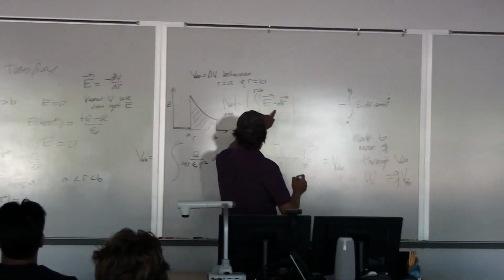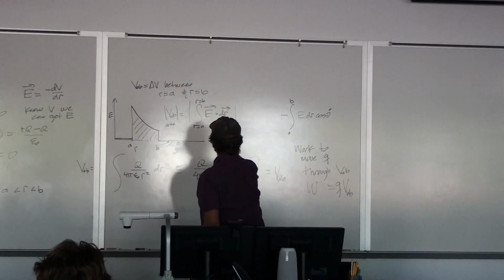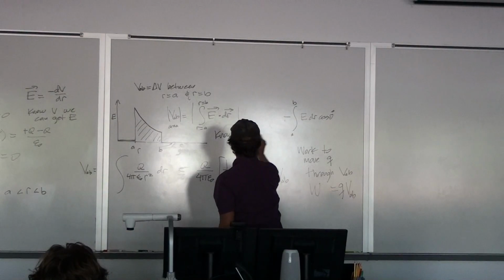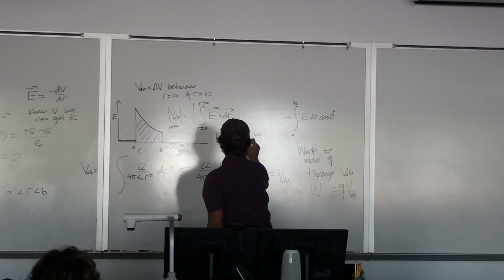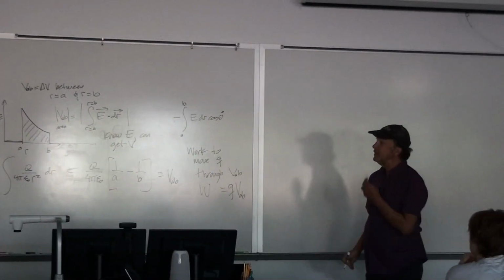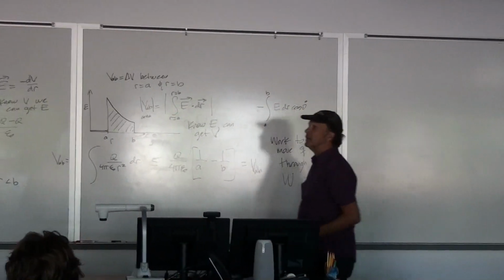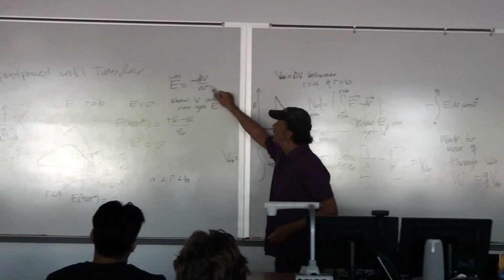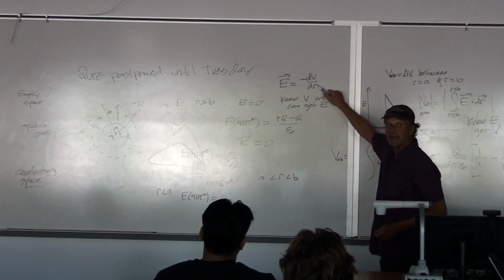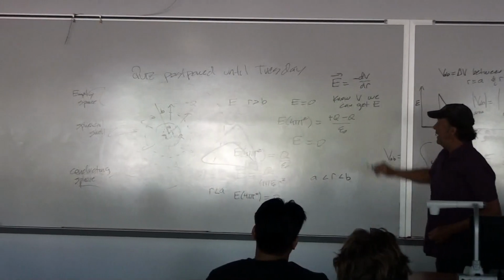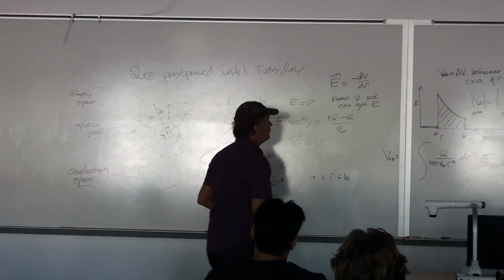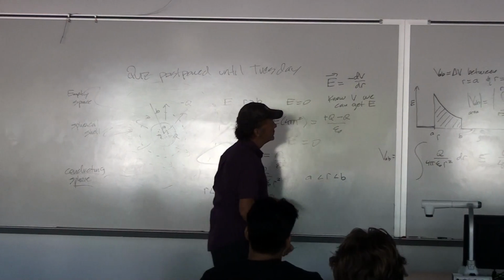Here, from Gauss's law, we know E. This means we can get V. And so we can work both ways with this, where the electric field is the slope of the voltage versus r curve, the negative of that slope. And so we can find the electric field from V using that slope relationship.